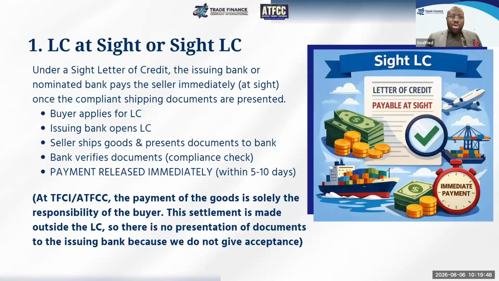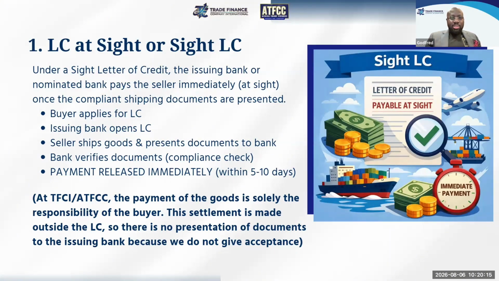So we're going to look at the different types of letters of credit. I'm sure most of you are familiar, but the purpose of this training is just to do a recap, because most people come to us for some kind of clarification on some transactions, and it's important for us to do this training again. So there's LC at sight, or sight LC.